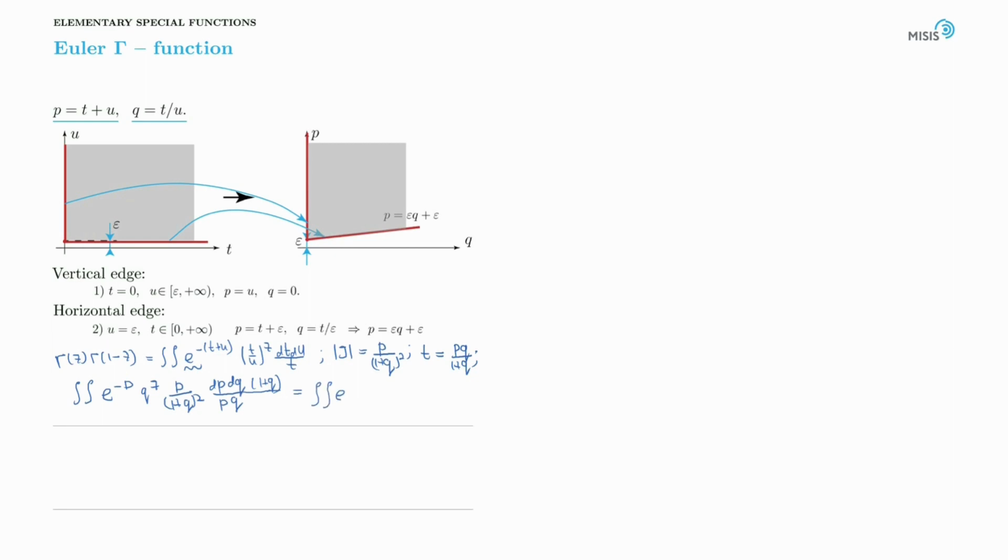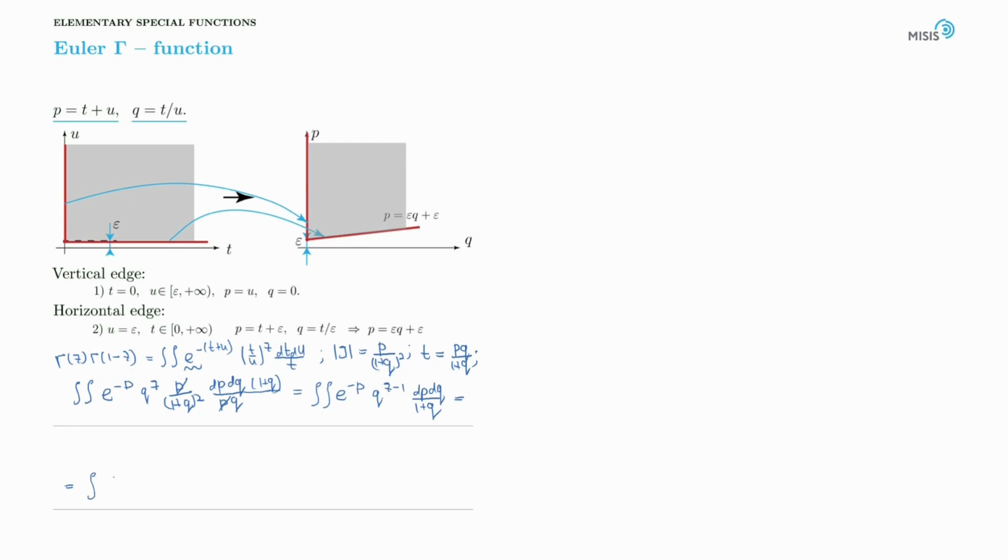So it's just e to minus p. P and p cancel each other, so it's q to z minus 1, and dp dq divided by 1 plus q. Alright, so we see that the integrand became separable. It can be split into two parts.